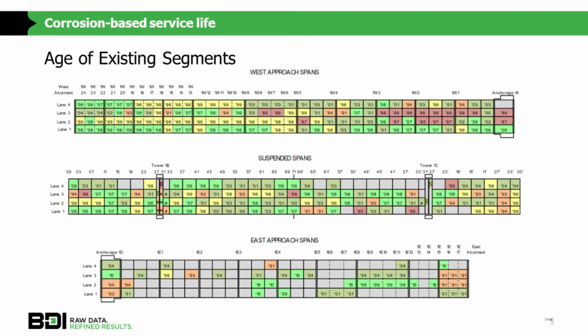So the red color are actually the older overlays, and then moving towards yellow and then green for the more recent overlays over time. The white boxes are actually segments that have never been overlaid. They're still original deck. So this had quite a variety of behaviors given the time frame that it had been in service. And so in essence, we had to treat all 416 segments as if they were each an individual deck to do our analysis.